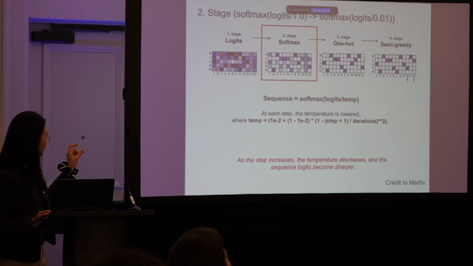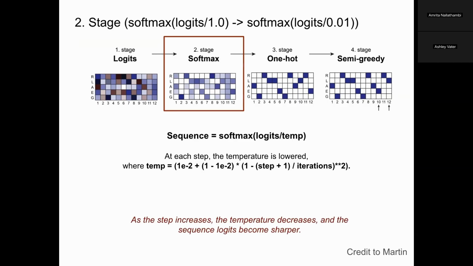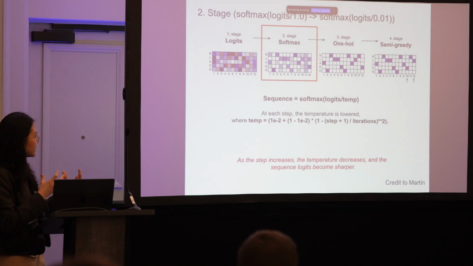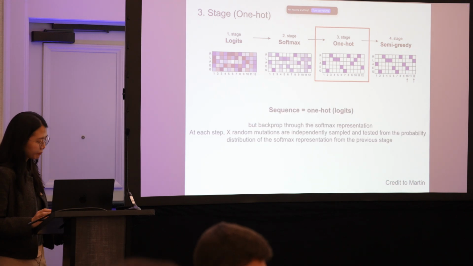Then from the second stage, you start with a very high temperature, which generates more uniformly distributed amino acid logits, but you want to change from softmax to the one-hot encoded version, so you decrease the temperature. For example, decreasing the temperature from 1 to 0.1 makes the amino acid distribution sharper. So you start from a more relaxed version of the sequence and make it sharper.